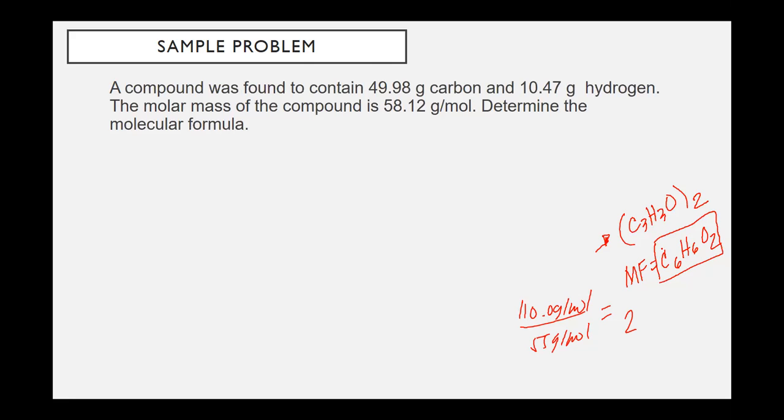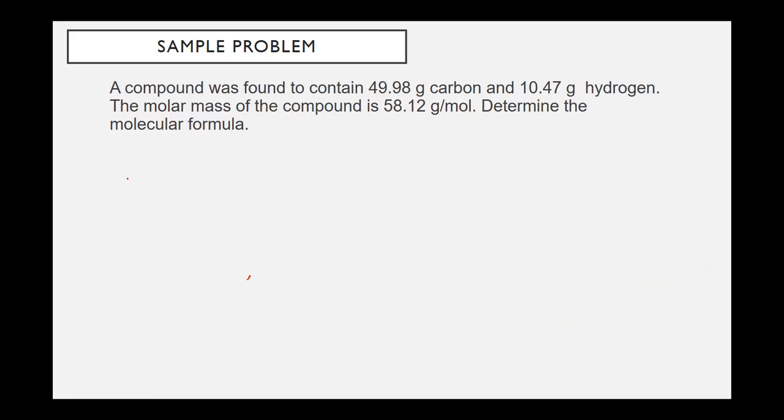Another problem. So first, given na sa yung grams, so we don't have to compute for it again. So, ang kukunin na natin ngayon is the moles of the carbon and moles of the hydrogen. So, from our grams, we'll be able to get the moles by dividing it to the molecular weight.